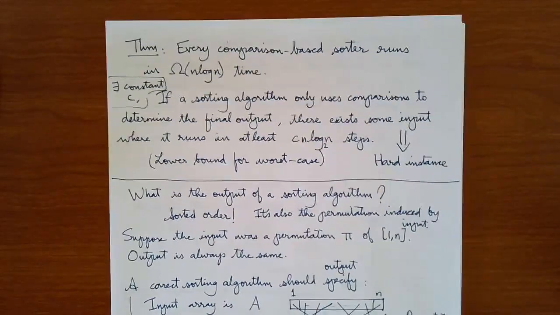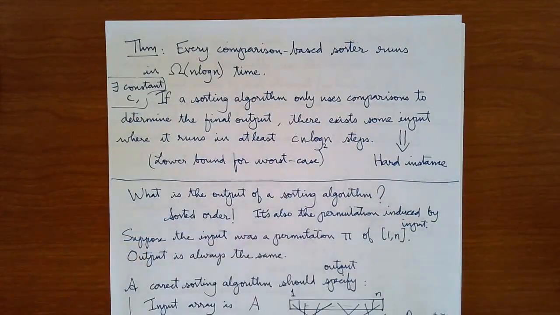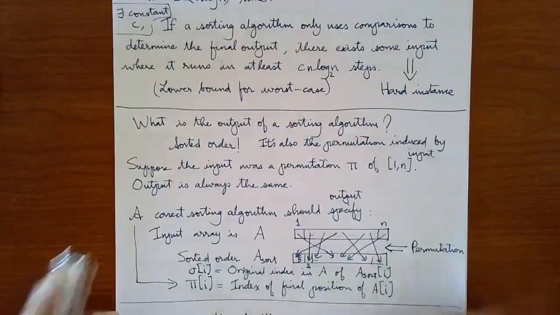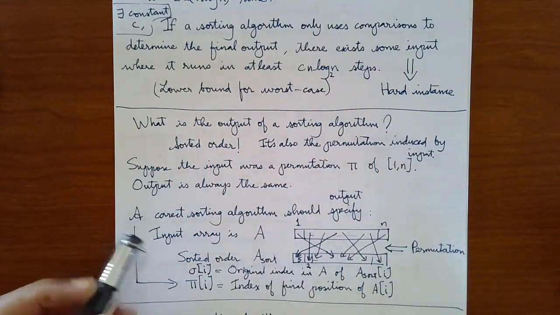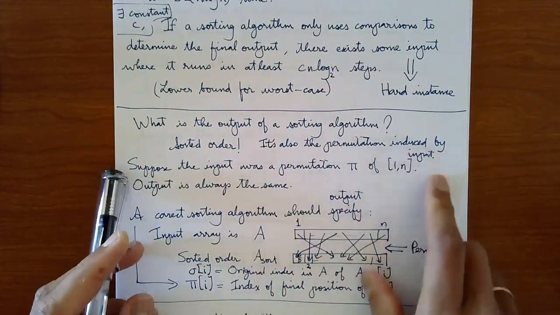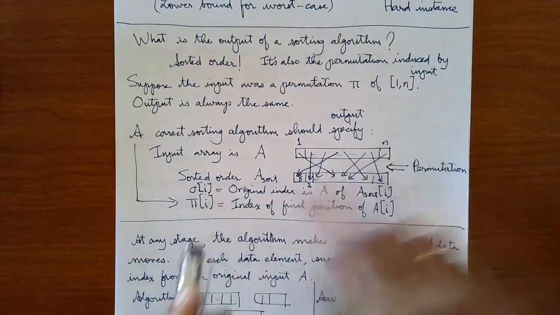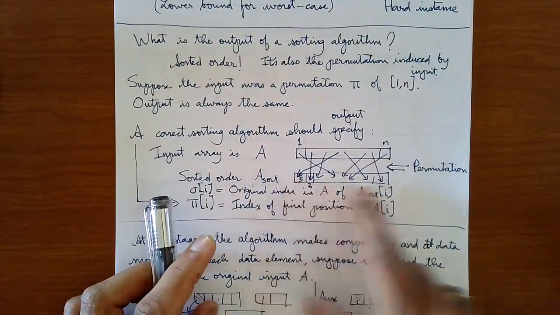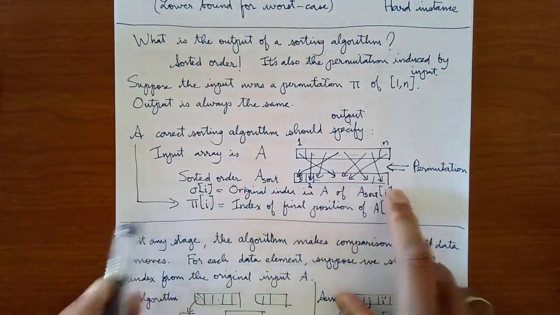Now, to formalize this, let us first try to understand what is the output of a sorting algorithm. Well, you could say it's just the sorted order, but I want to say no, the sorting algorithm should also figure out the permutation induced by the input. Let me make that precise. So look at an input array A. It is sorted, which means that all the elements are eventually moved to some position.